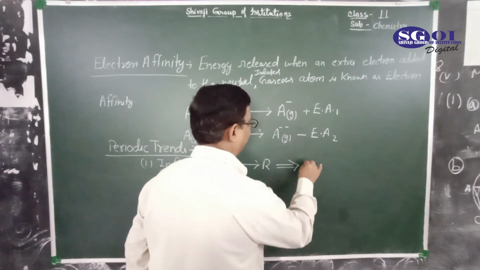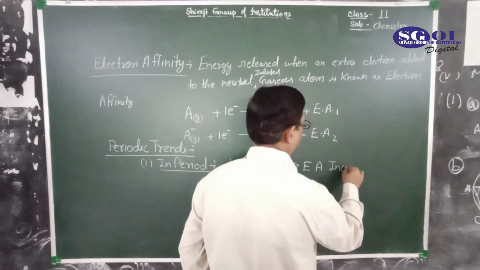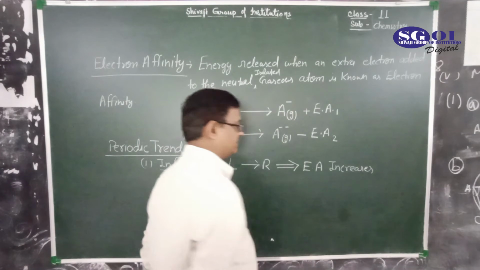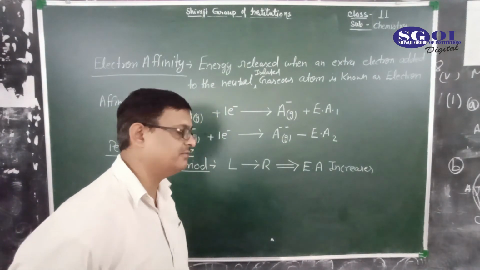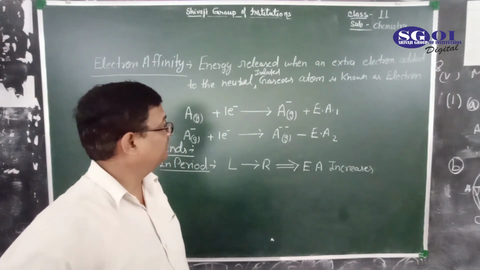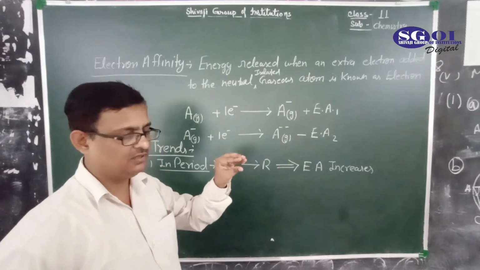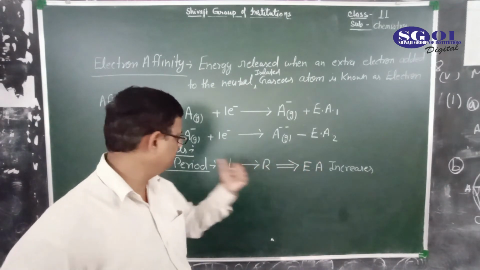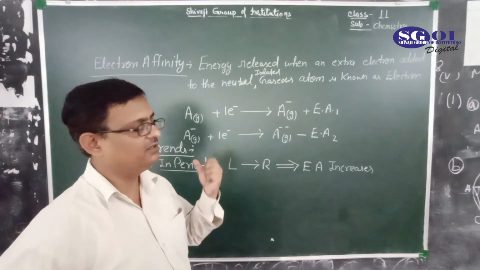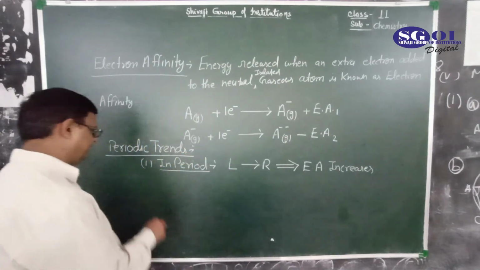The reason is that the effective nuclear charge increases and the size of the atom decreases as we move along a period, so a lot of energy is released.